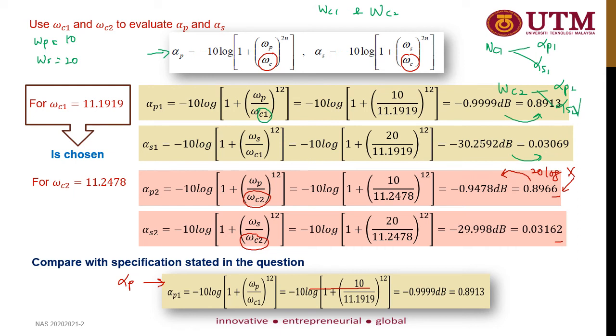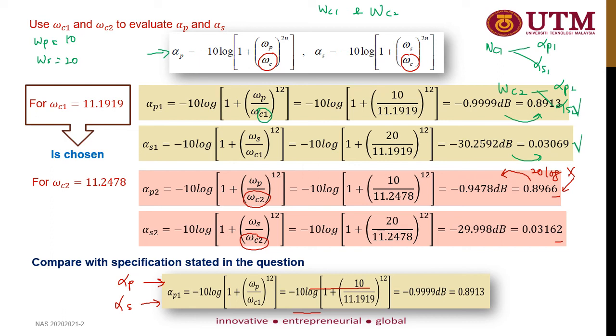Okay, so check alpha S. So alpha S must not exceed 0.0316 or negative 30 dB gain. Okay, so check the alpha S1 with 0.03069. So it is less than 0.0316, so it is not exceeding the required value.